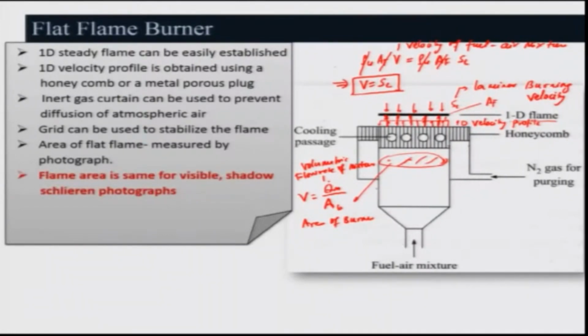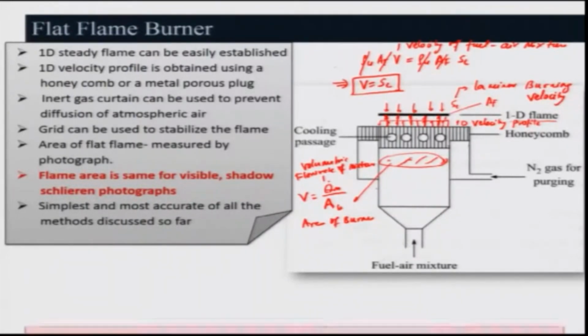Interestingly, the flame area is the same for all methods, like visible, shadow or schlieren photographs, because the flame remains in the same place. There is no change in the density gradient, and it is one of the simplest and most accurate methods we have discussed so far, and therefore it is used routinely.